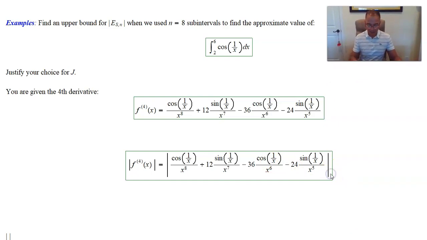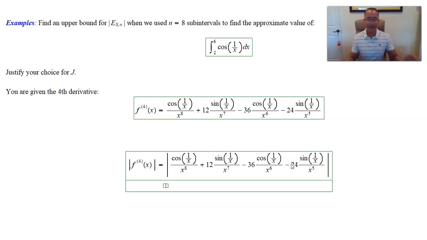Now we have some serious triangle inequality to apply. Right? So notice that there are 2 positive and 2 negative terms. Right? So the triangle inequality obviously generalizes to 3, 4, as many terms as you want.